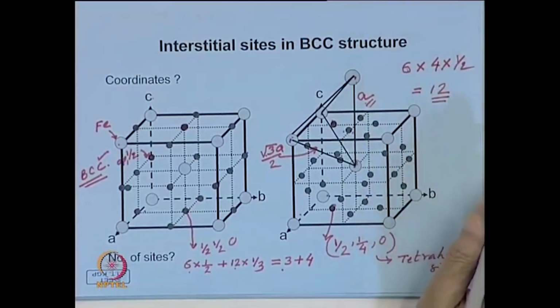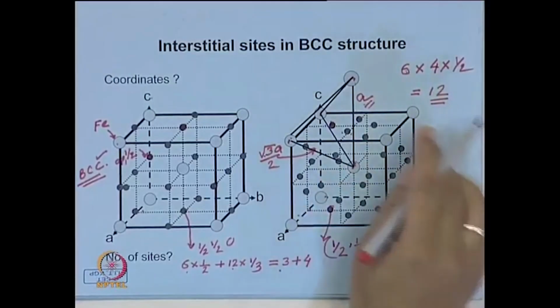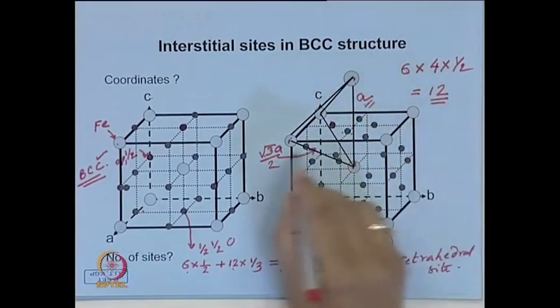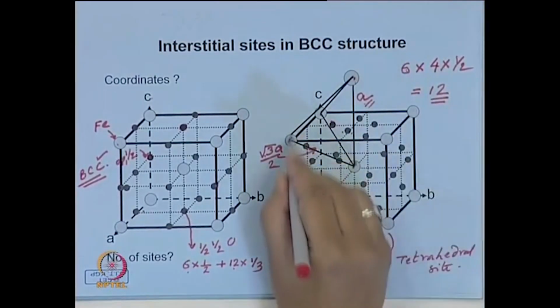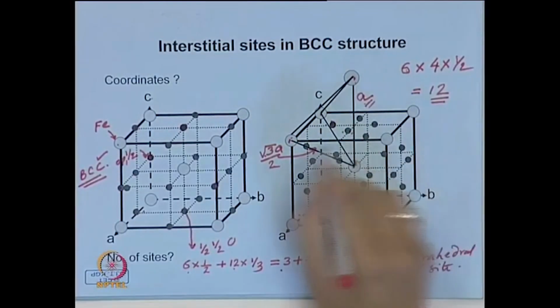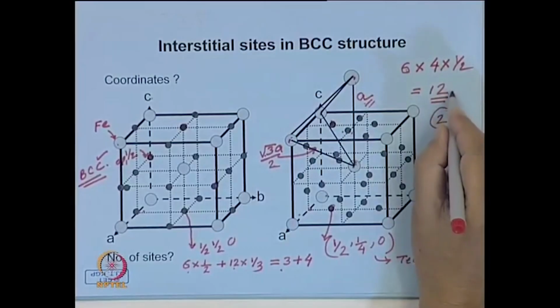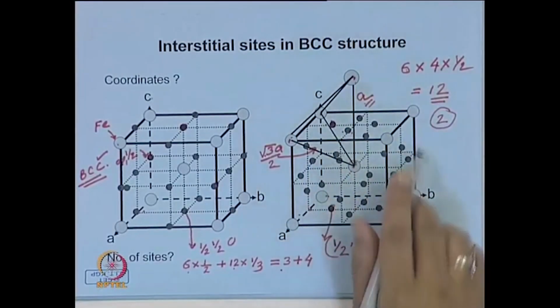So, you have 12 tetrahedral sites in a lattice, whereas the number of iron atoms, or the number of atoms in a BCC lattice, is 2. So, the number of interstitial sites per unit cell is much more.